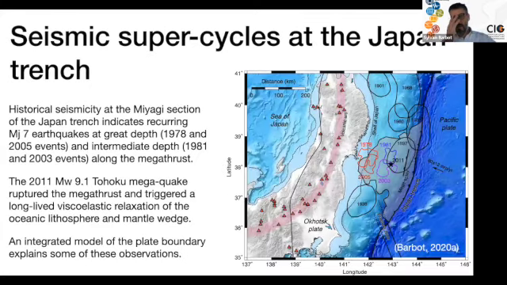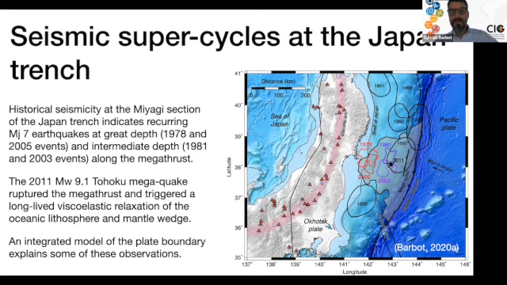So an application of this that I'd like to describe in more detail is to simulate the interaction between slip on a megathrust at a subduction zone and viscoelastic flow in the underlying oceanic lithosphere or in the mantle wedge. And this is the type of calculation that is relevant for the 2011 Tohoku megaquake in Japan. So a little bit of tectonic context here.